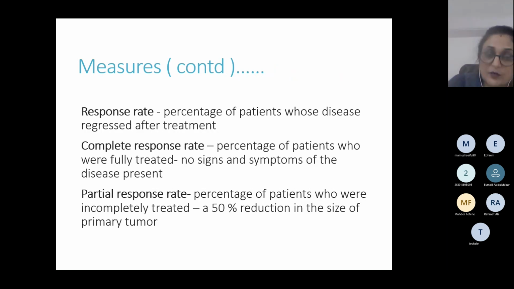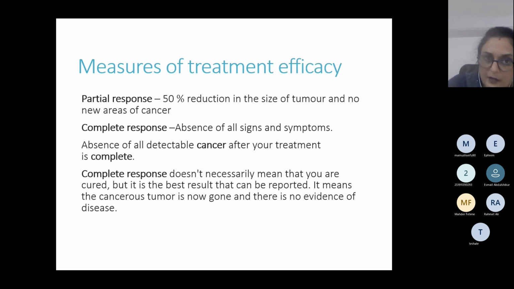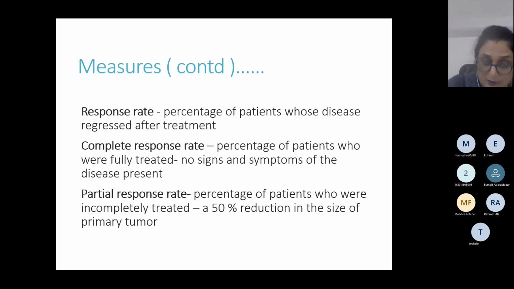Now, what do you mean by response rate? Here we saw partial response and complete response. Now we are talking about response rate. Whenever in oncology you have rate, rate means percentage of patients. Supposing there are 100 patients and we say 20% is the response rate.